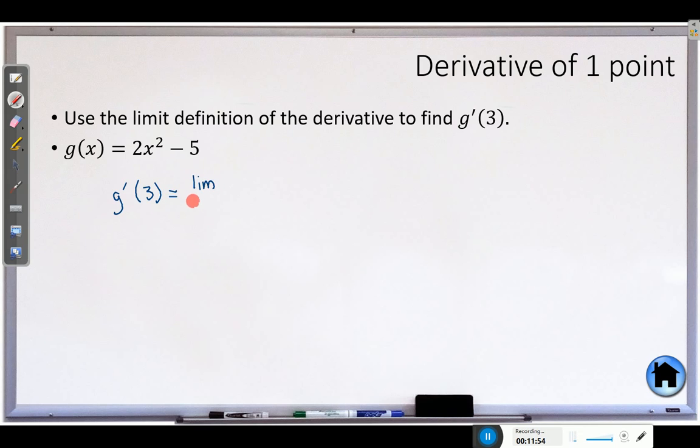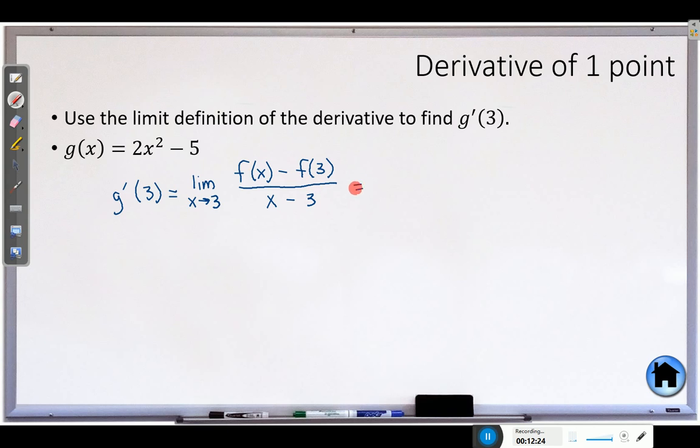I'm going to mostly just rewrite the rule here, but instead of a c, I know we're going towards 3. Of f of x minus f at, instead of c, I'm going to put 3 this time, over x minus 3. All right, so that is just the slope formula, y minus y over x minus x.